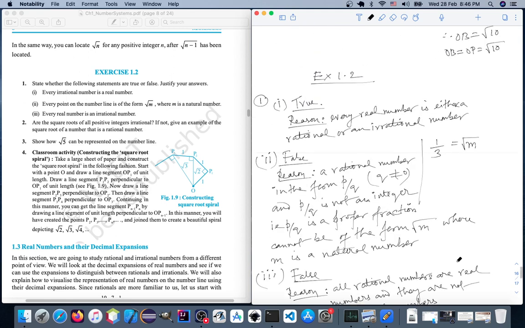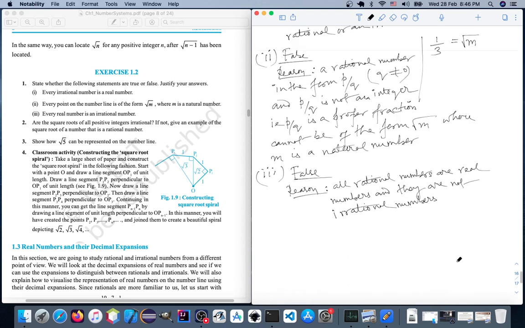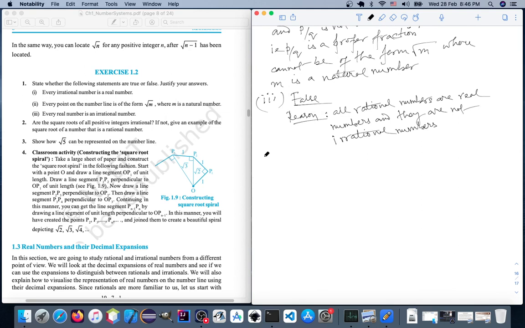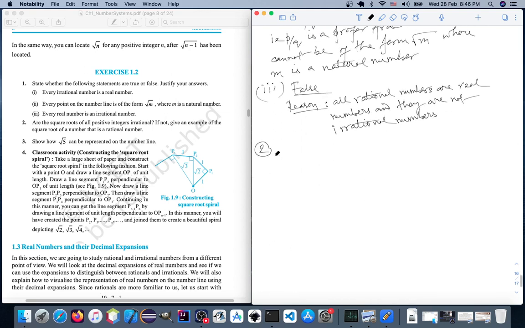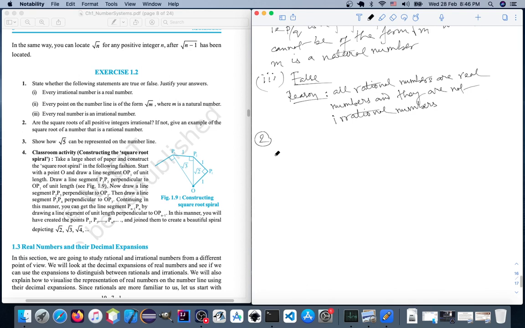Okay, so what is problem number 2? Are the square roots of all positive integers irrational? By positive integers, we mean the natural numbers like 1, 2, 3, 4, 5, 6, 7, 8, like this.